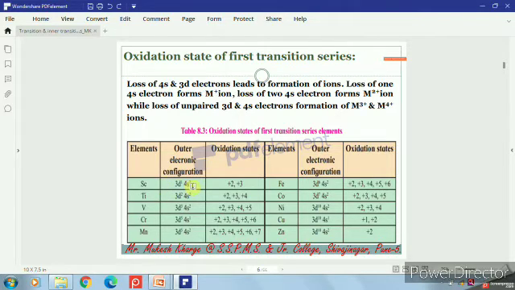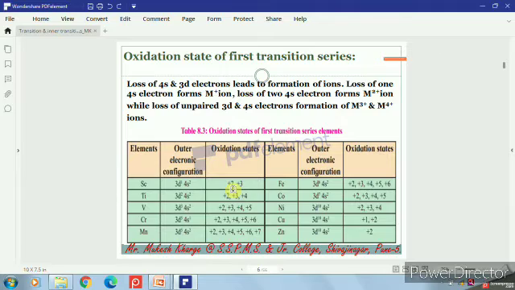If it donates 2 electrons from 4s, then it forms the +2 oxidation state. It does not donate just 1 electron because if 4s is empty, then it is more stable. That's why it is +2. And if it donates one more electron from the 3d orbital, then it forms Sc3+.